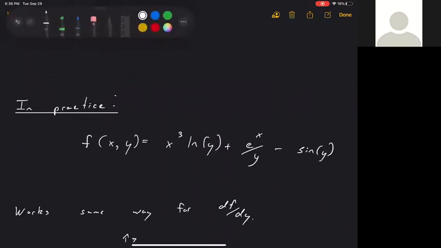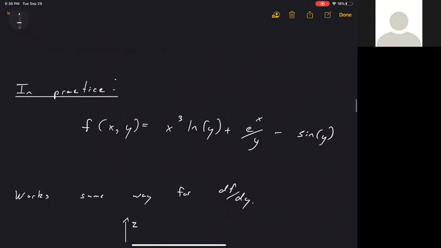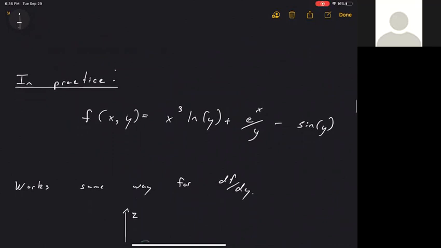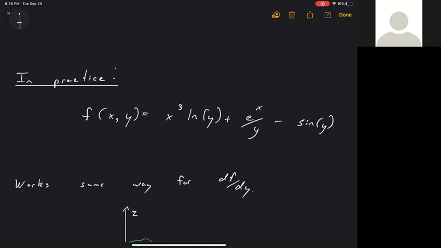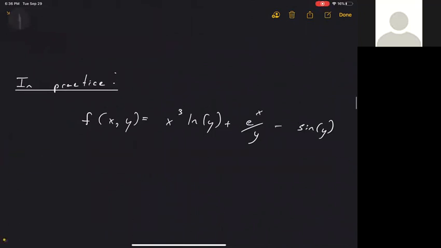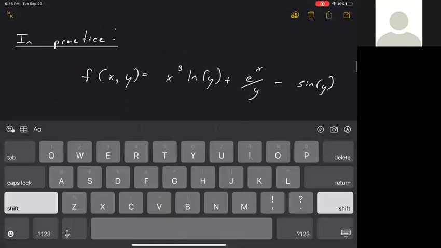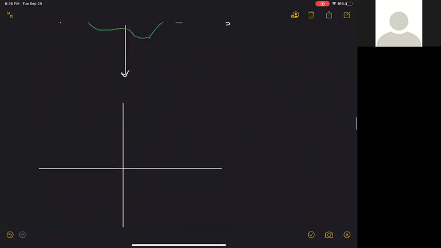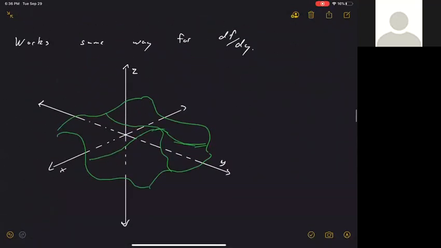Okay. Let's say I have this multivariable function here, and I want to find the partial derivative of f with respect to x. Again, what does that mean? Let's say my function has this kind of graph. The partial derivative of f with respect to x is going to be the slopes of my tangent lines in the x direction.